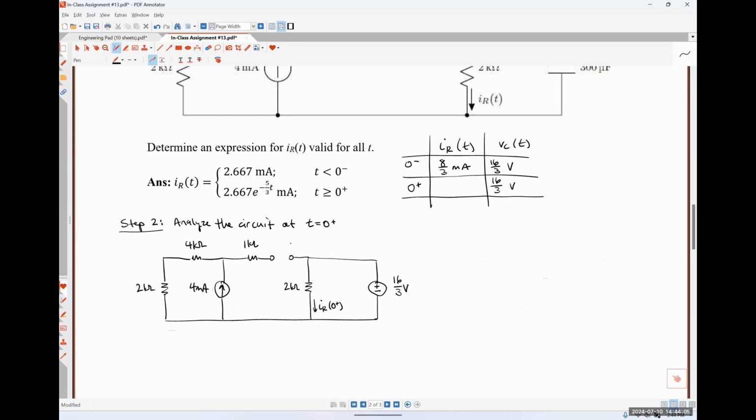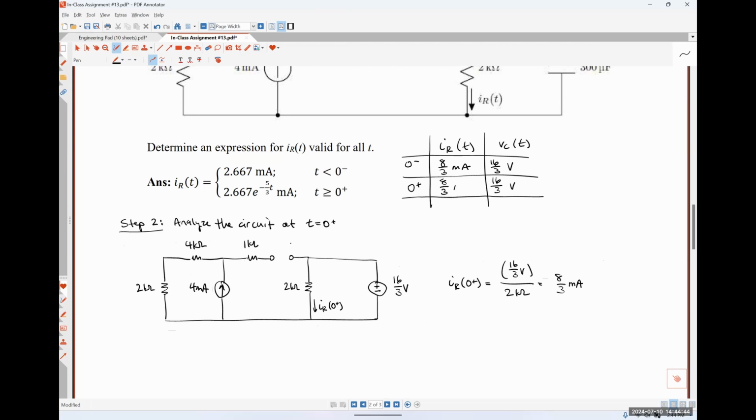So now we just need to do our circuit analysis to figure out what IR at 0 plus is. Anybody have any thoughts on what we might do? Would it just be 16/3 of a volt divided by the 2 kilo ohms? Exactly right. So just Ohm's law: 16/3 of a volt divided by 2 kilo ohms gives us 8/3 of a milliamp.